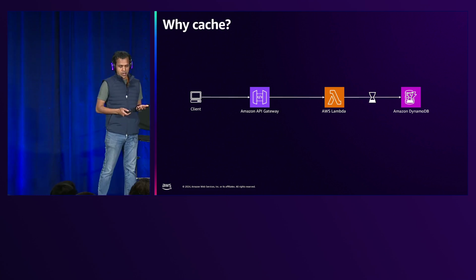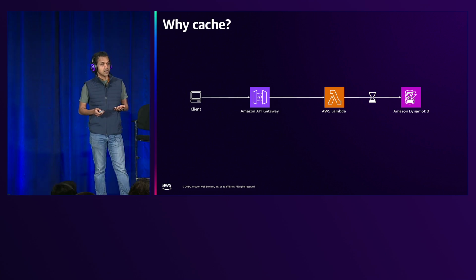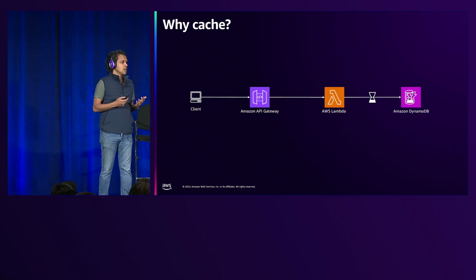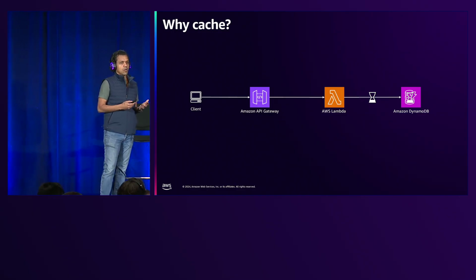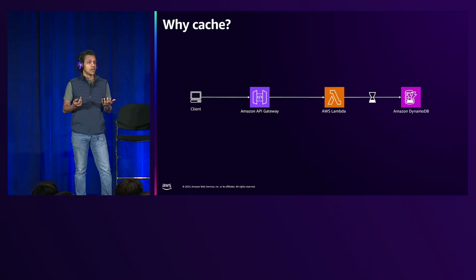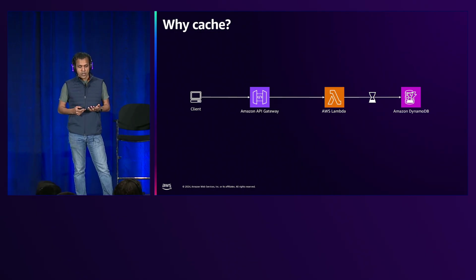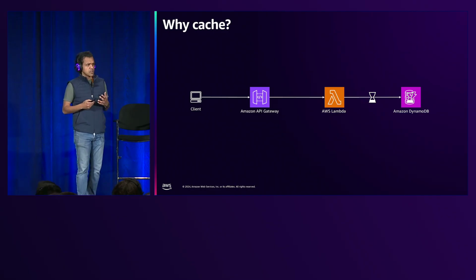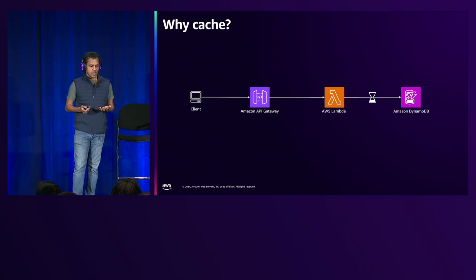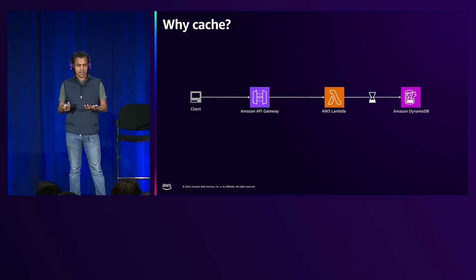For example, your database might be slow because you've got a really expensive query, or it's just overloaded under a lot of traffic. Your network might be congested, adding up to latencies. So there are many reasons why your application can be running slow, and a cache can help reduce that latency.